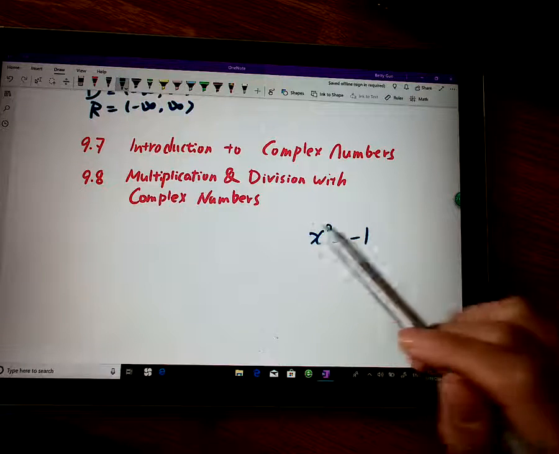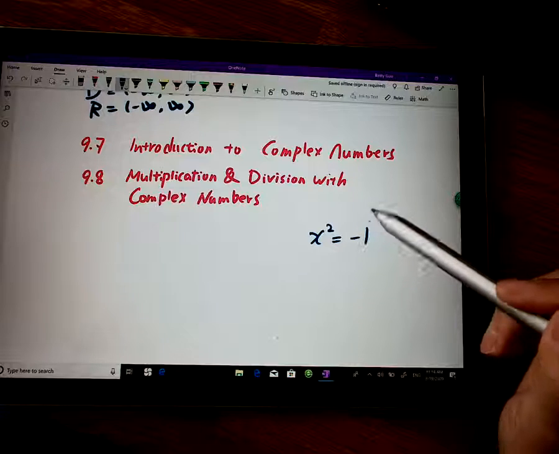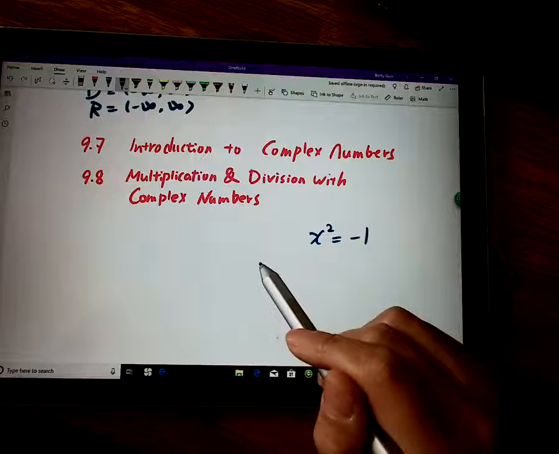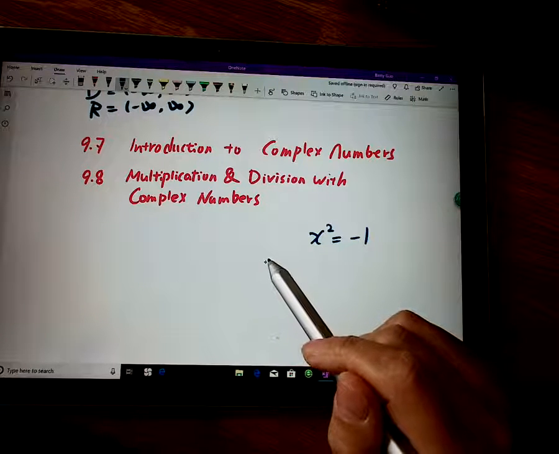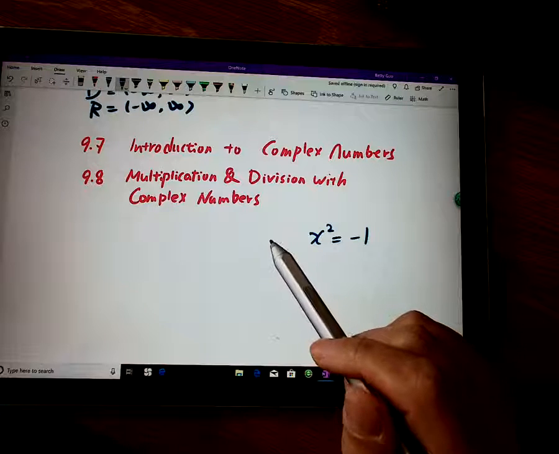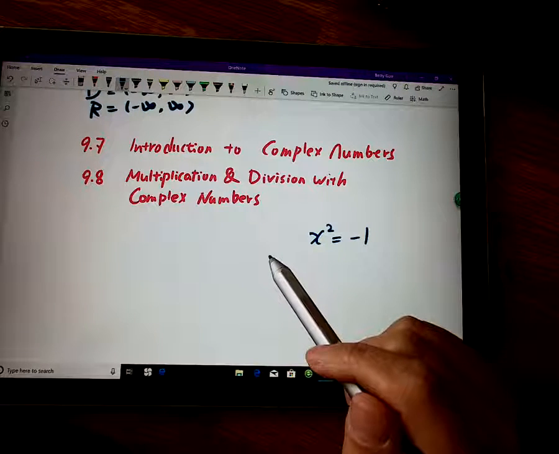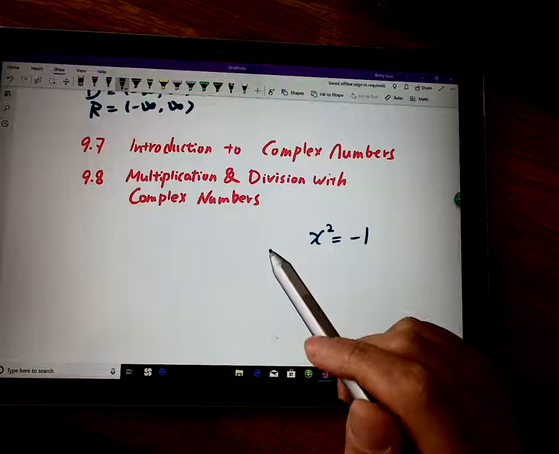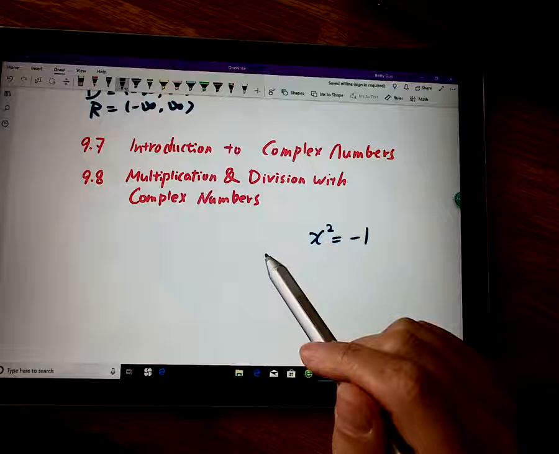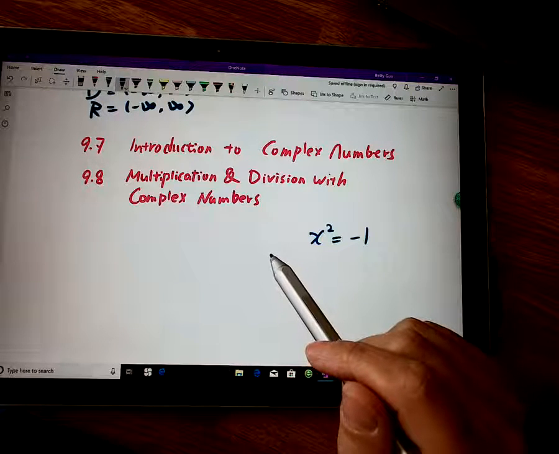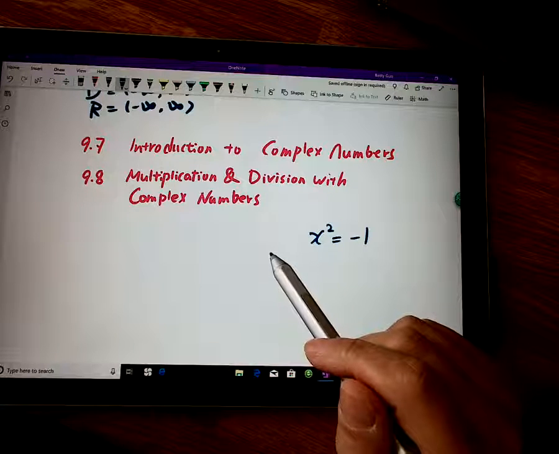In order to solve it, the mathematicians expanded the number system. We talked about the number system, right? We start from natural numbers, 1, 2, 3, and so on. Whole numbers include 0, 1, 2, 3, and so on. Integers include 0, plus minus 1, plus minus 2, and so on. And then we have fractions. Rational numbers are any numbers that can be written as the quotient of two integers with a non-zero denominator.